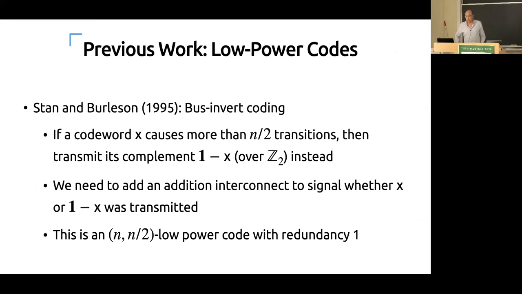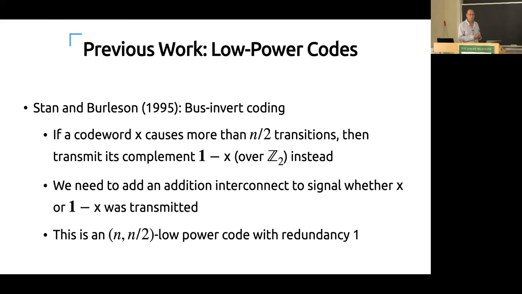There is quite a number of previous works on low power codes. Stan and Burleson in '95 described what is called bus invert coding. The idea is very simple. If a code word X causes more than n/2 transitions, just send the complement instead.